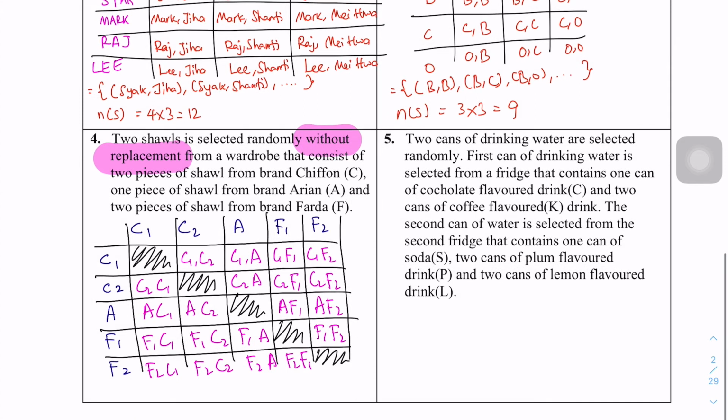So the number of sample space, we have 5 times 4, which is 20.